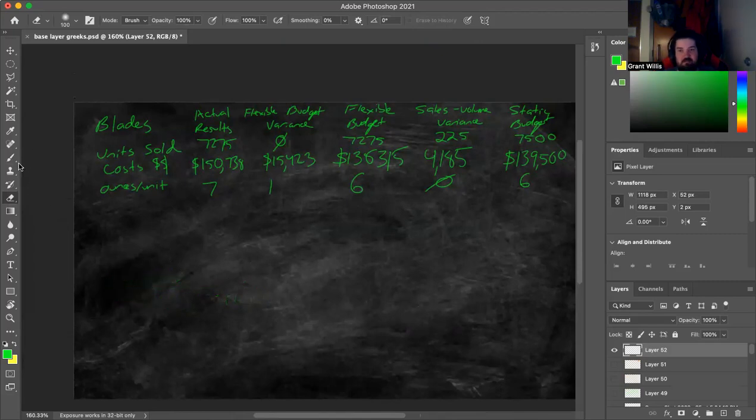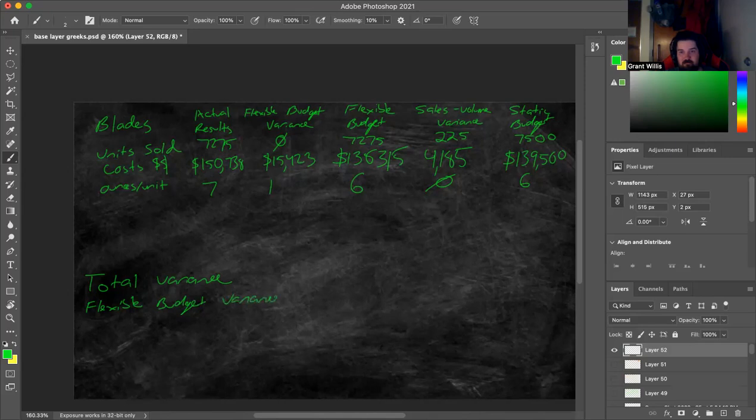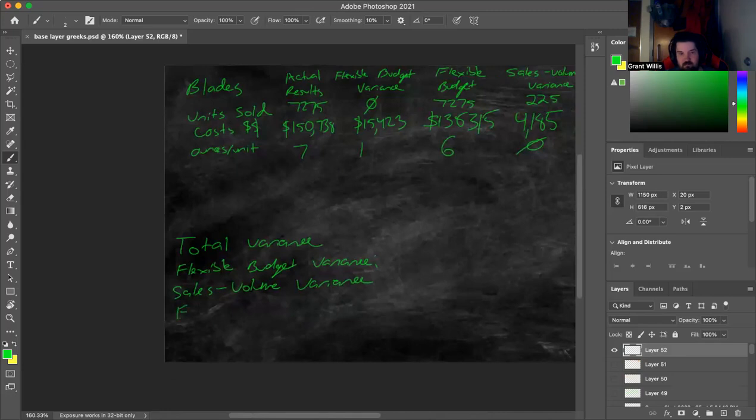They can ask you for total variance, flexible budget variance, sales volume variance, efficiency variance, and input price variance.